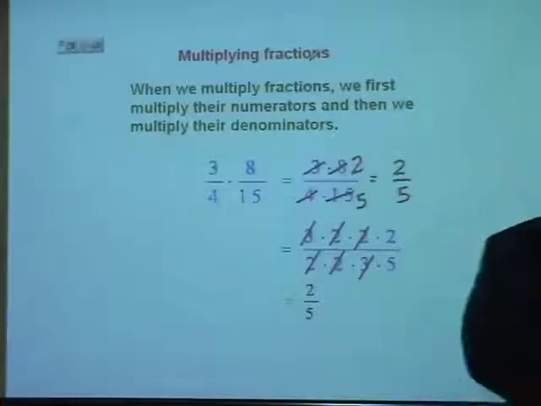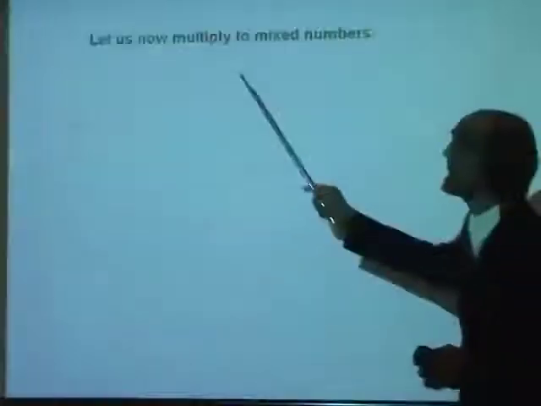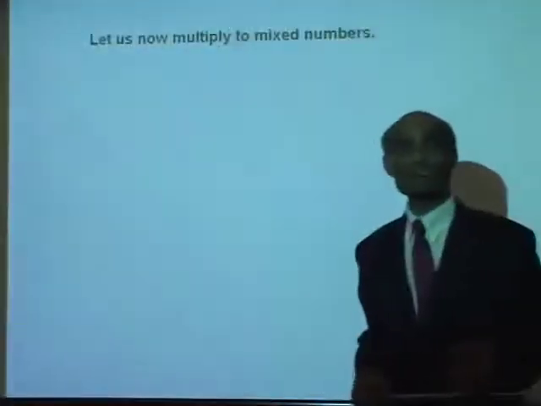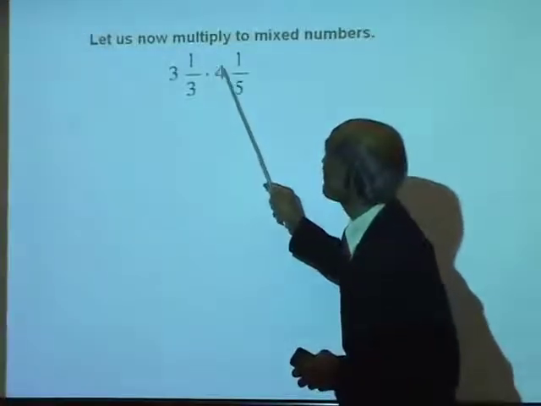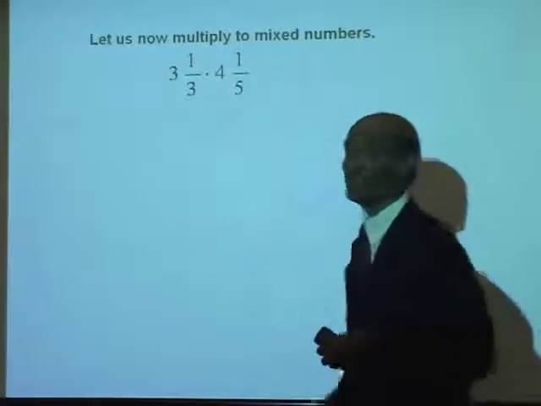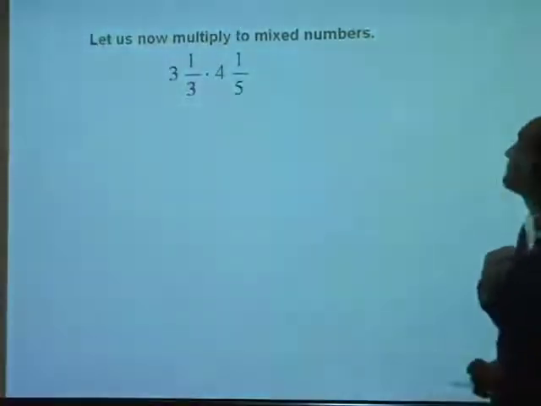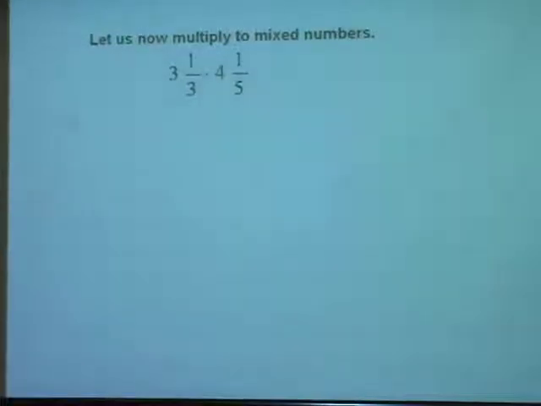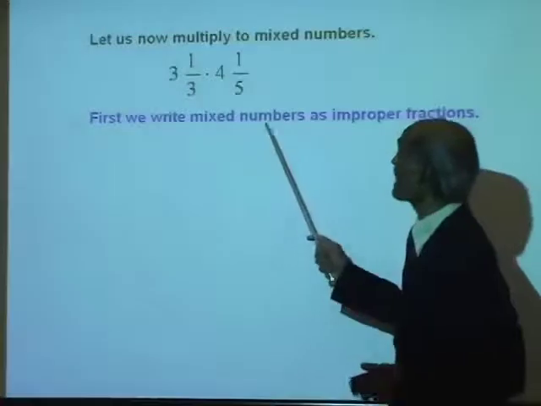Okay, let's move on now. Let's now multiply 2 mixed numbers. Alright? 3 and 1/3 multiplied by 4 and 1/5. Well, in order to multiply these mixed numbers, the first thing you need to do is to write them as improper fractions.